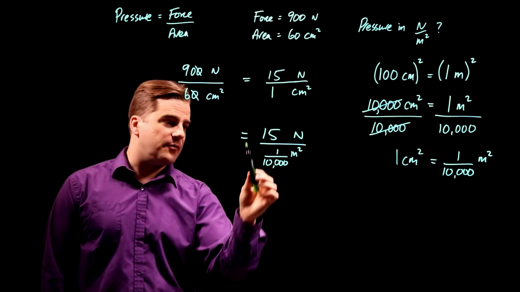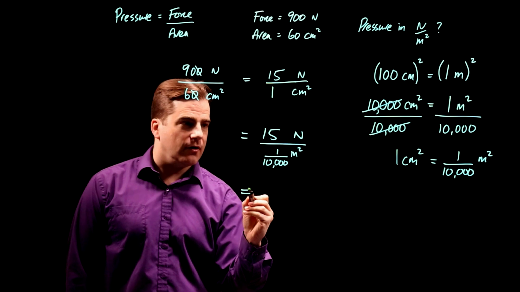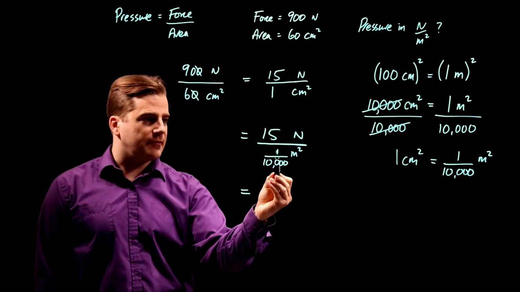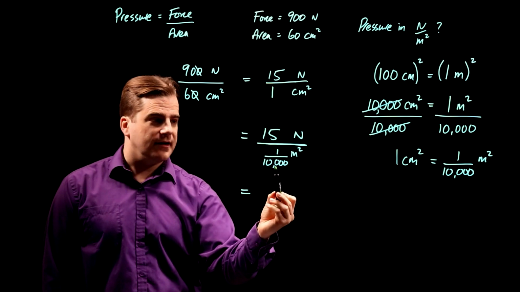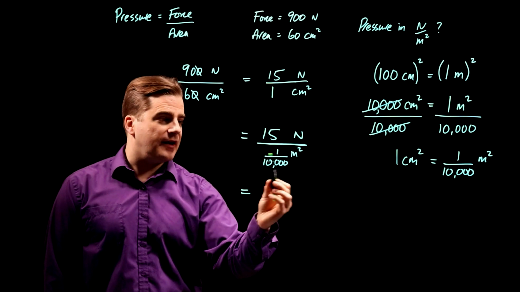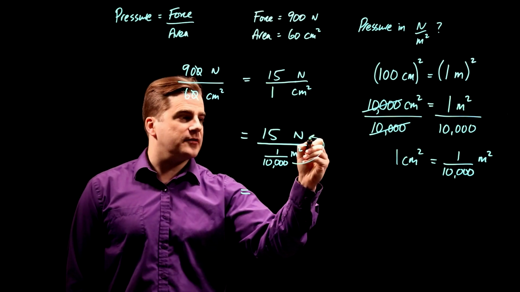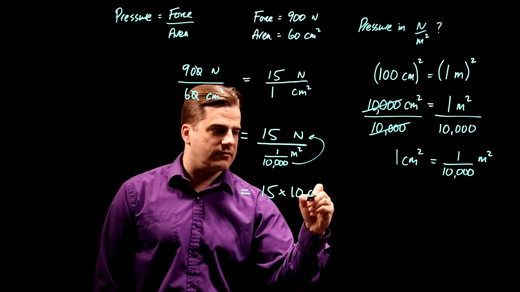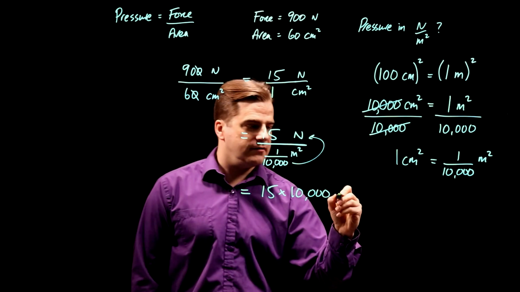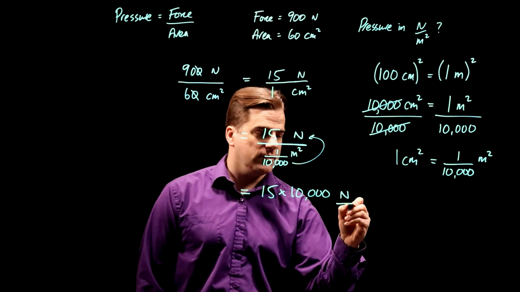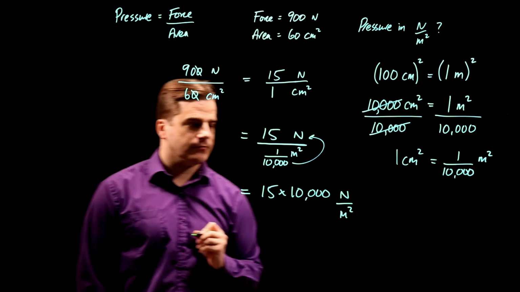We just need to neaten up the number. Here's the main dividing line. If you divide by something and divide by something again, it's the same as that thing being on the top. So the 10,000 flips up to the top. So that's the same as 15 times 10,000 newtons. And on the bottom, we're just left with 1 meter squared, or just meters squared.